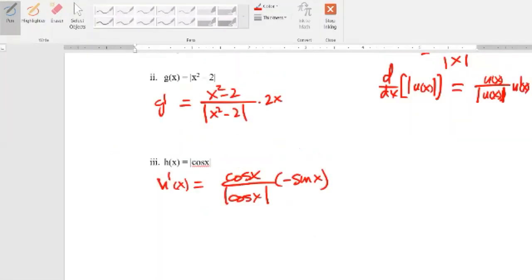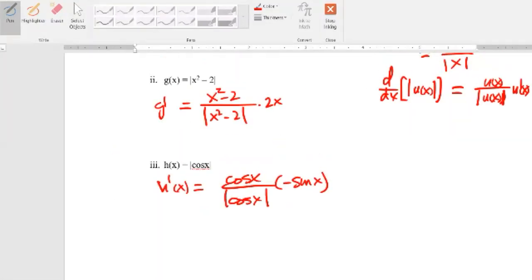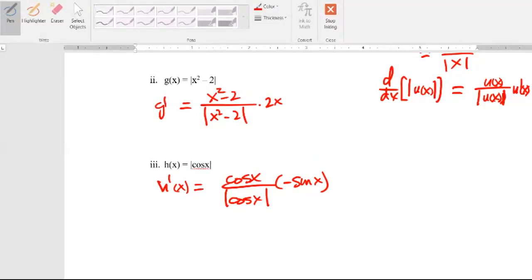And again, you can see the preservation of that undefined value when the cosine of x is actually 0. This thing will be undefined. So that would be in several places, odd multiples of pi over 2. We'd end up with zeros in here, pi over 2, negative pi over 2, 3 pi over 2, etc. So there'd be a lot of undefined places for this derivative.